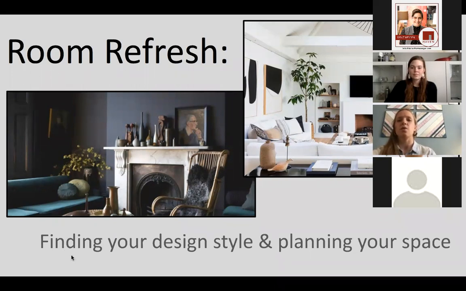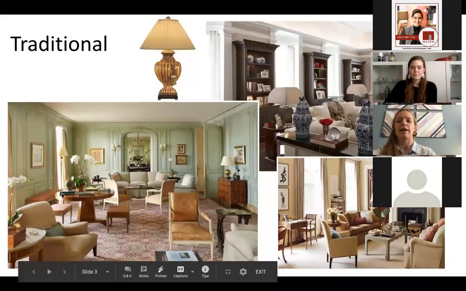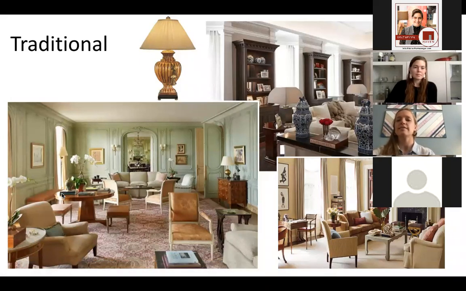Traditional is one of the oldest and most common design styles. The traditional style is rooted in 18th and 19th century decor, specifically European decor from that time. This style usually incorporates antiques, classic art and accessories, and usually uses symmetrical placement of furniture.